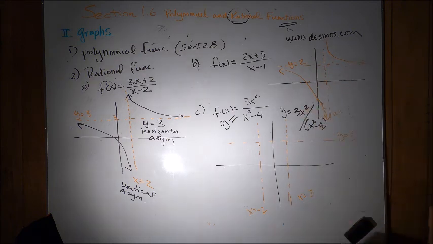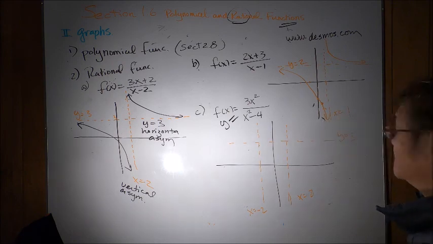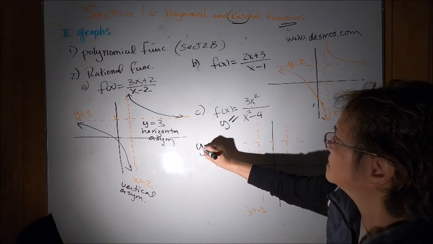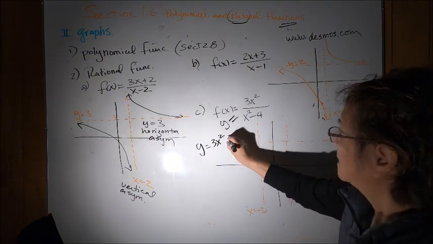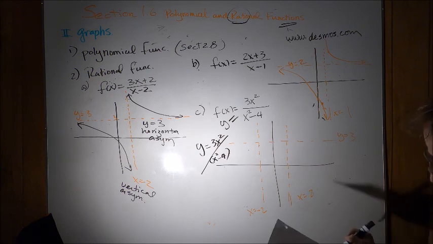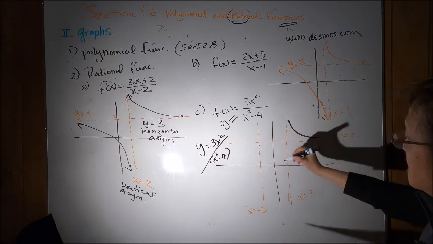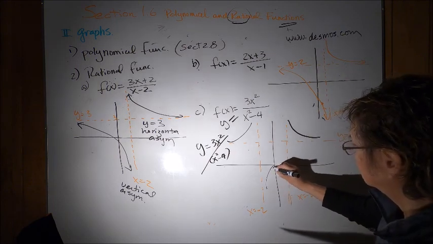Then when you graph it, you can see the graph will look like this. So when you type it in this way, 3x squared over the whole thing, your graph will look like here, here, and here.